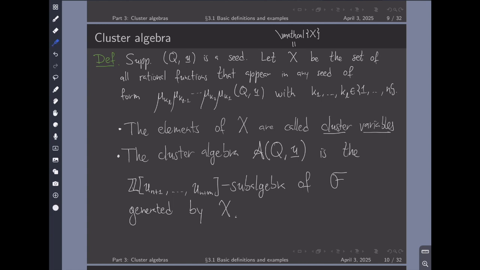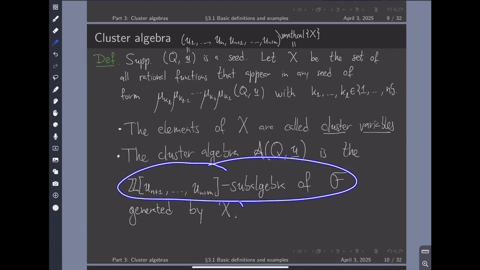Notice that here U is really the original tuple, as we said, u_{n+1}, etc., u_{n+m}, and these are never mutated. So these ones are preserved all along the way, so these actually belong to X, and since they belong to X, when I say this subalgebra generated by this, I'm really saying just the subring generated by X, right?